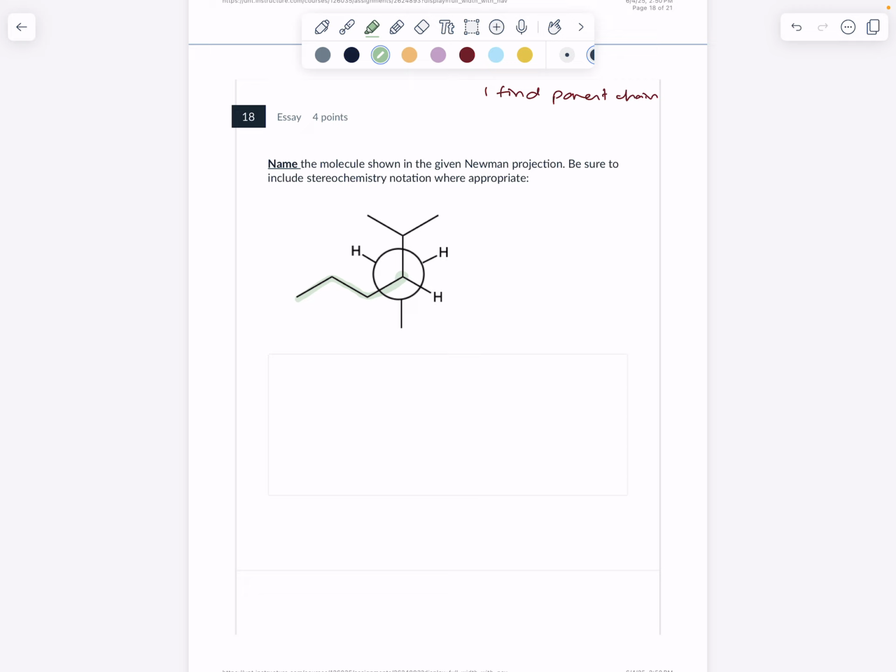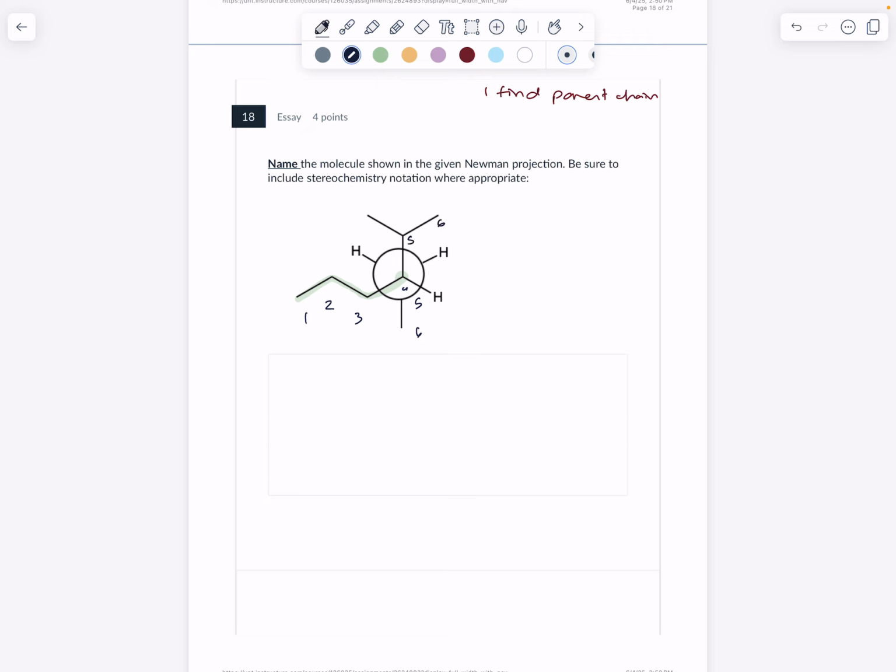From here we have 2 options, starting with the front carbon. This is 1, 2, 3, 4. Now we could either go 5 to the carbon in the back, 6, or we could go 5, 6.